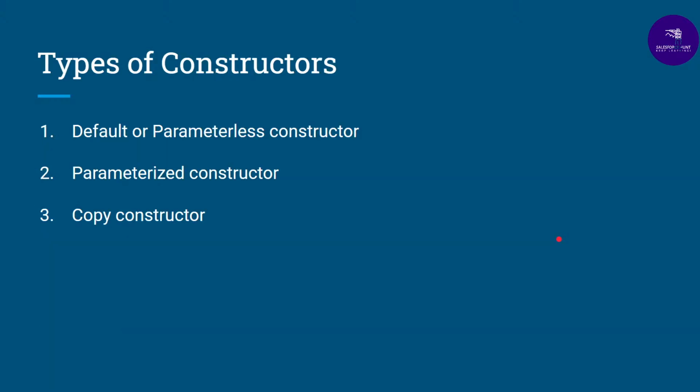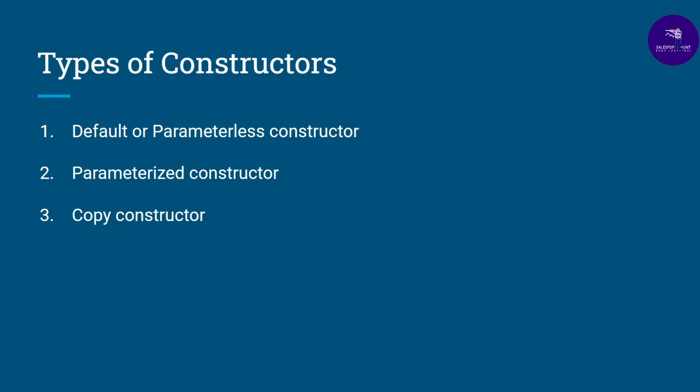So here we have types of constructor. We have three types of constructor right now under Apex. First is the default or parameterless constructor. Default is nothing but it's provided by default by the Salesforce engine, that is, the Apex engine, so it's always a parameterless constructor, right?